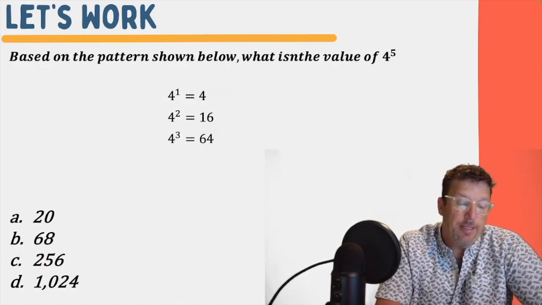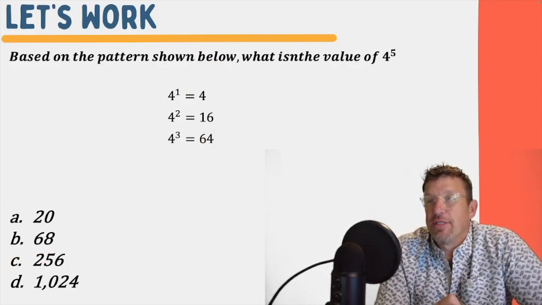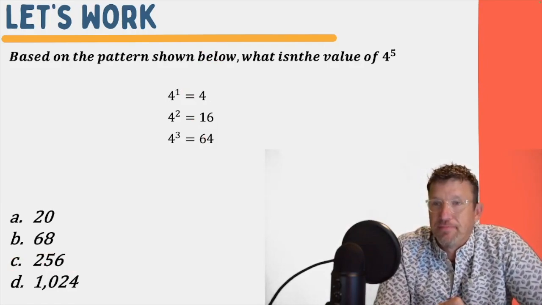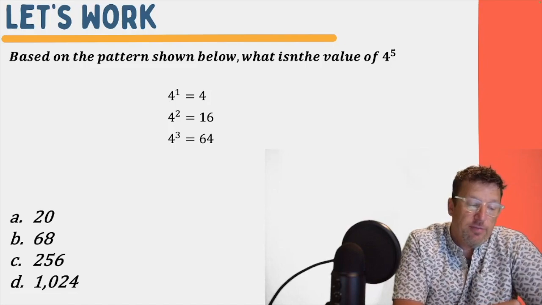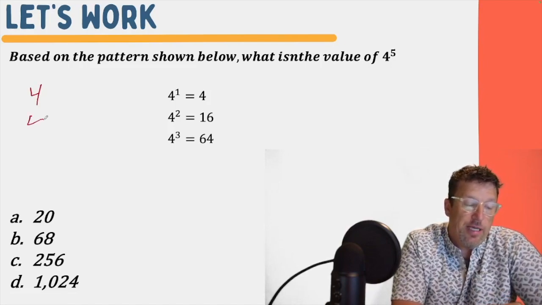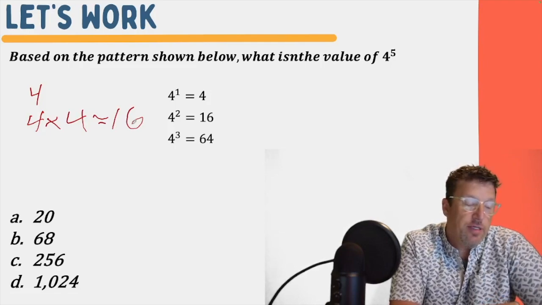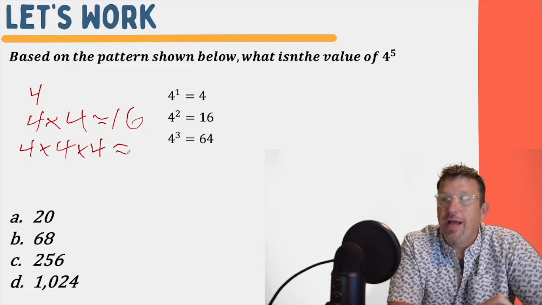Not too shabby, huh? Now we don't have the zeros, so the pattern's a little bit different, but same thing. 4 to the 1st is just 4. 4 to the 2nd is 4 times 4 equals 16. 4 to the 3rd is 4 times 4 times 4 equals 64. Now, how did they get to that?